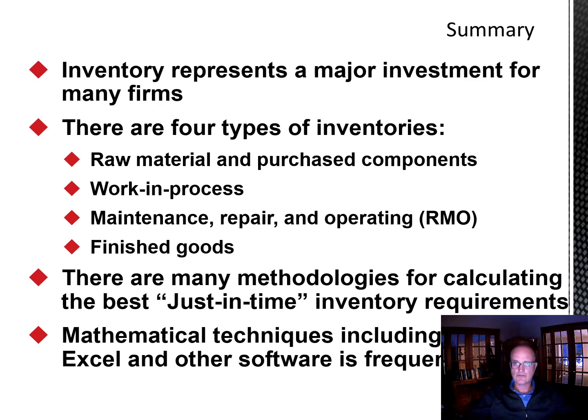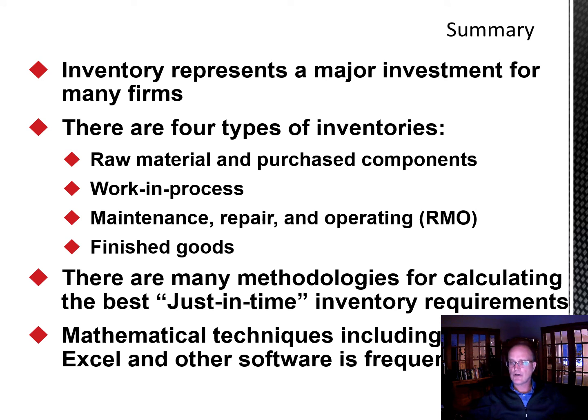So to wrap this up, inventory is important. There are lots of different types of inventories in these 4 broad categories. There are many methodologies for calculating the best sort of just-in-time inventory requirements, and we're going to introduce a few of them.